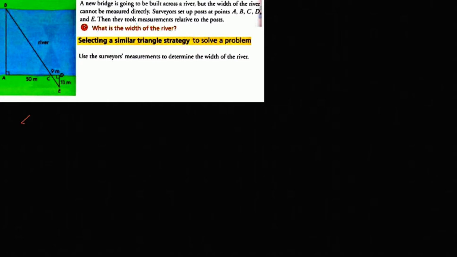So angle A equals angle D, both right angles, and angle ACB equals angle DCE because they are opposite angles. So let me write it down. Angle A equals angle D, right angle, and angle ACB equals angle DCE. So this is the AA rule.